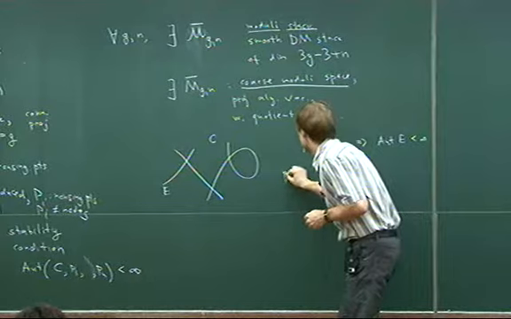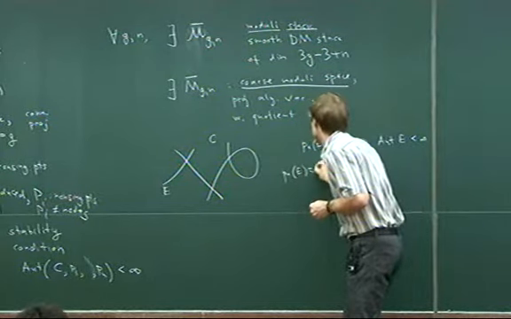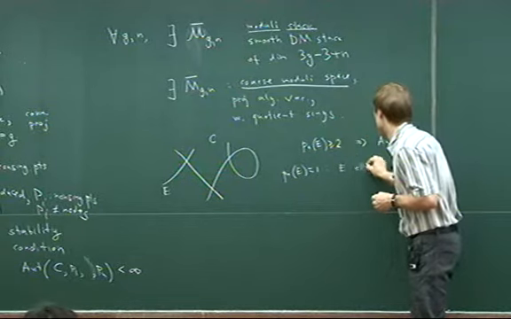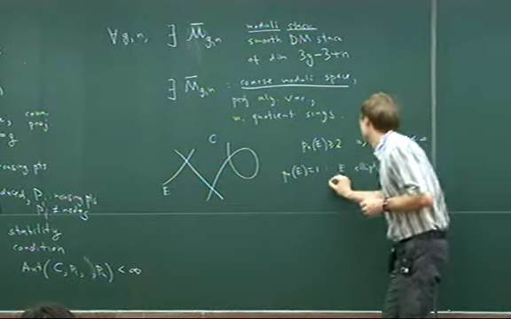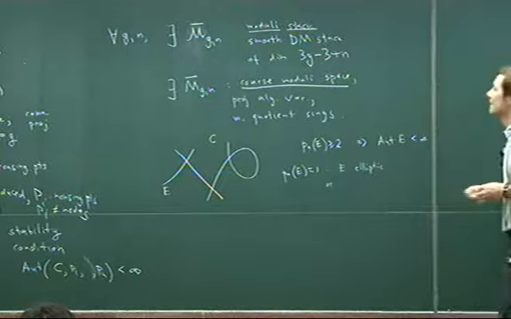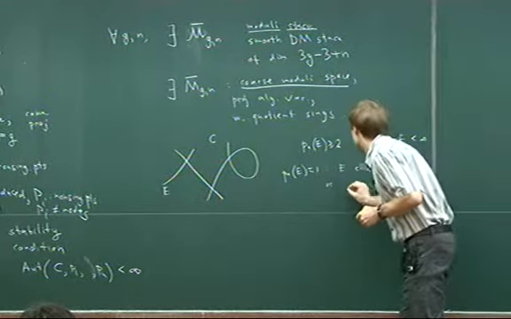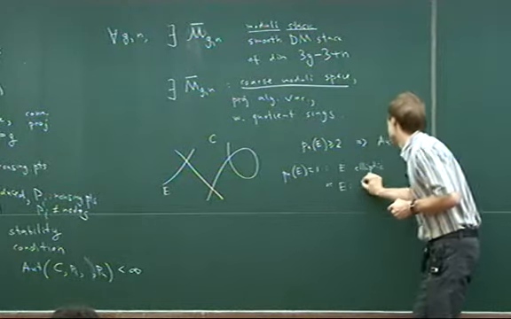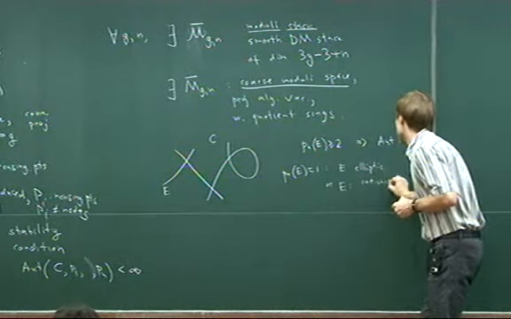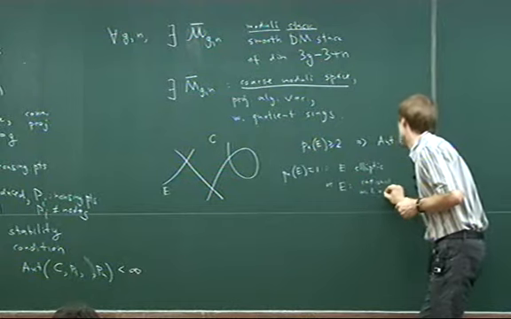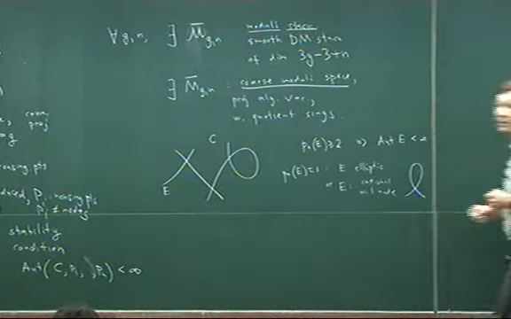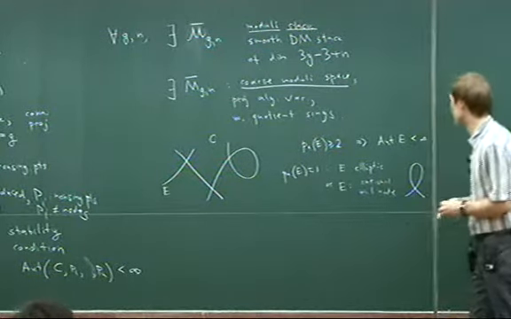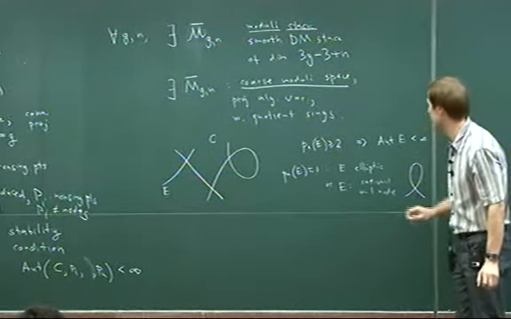And if the arithmetic genus is 1, then E is either elliptic or, since it's nodal, it could also be rational with one node. So it may look like this. And in both cases, the automorphism group is one-dimensional.